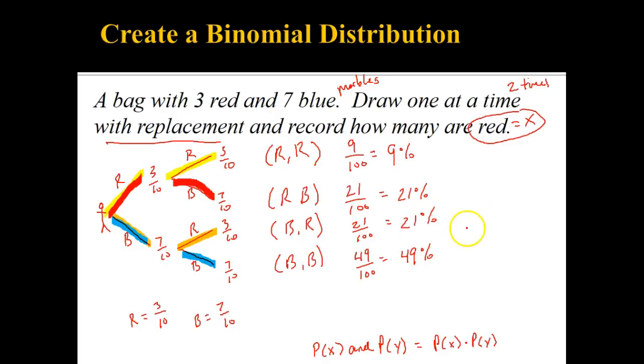But now let's put this into a chart, and there's 2 ways to draw this. We could do a chart. I'm going to do a chart with X standing for my numbers of successes, and P standing for the probability. Now there's actually only 3 choices. The numbers of successes in 2 draws could have been 2.